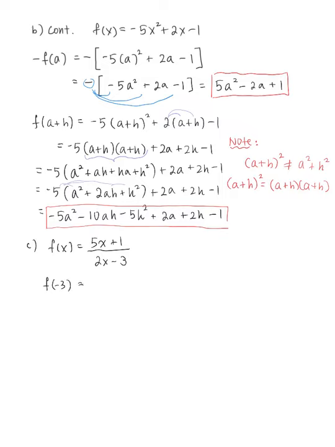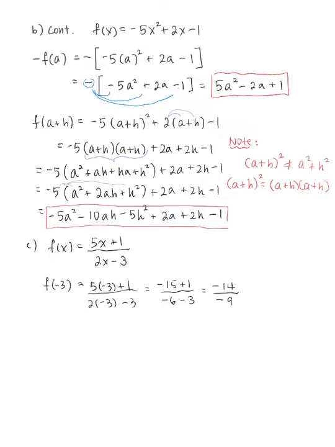Do not panic just because you see a fraction here. It's called a rational expression, by the way. You're going to have 5 times negative 3 plus 1 over 2 times negative 3 minus 3. So you're going to have negative 15 plus 1 over negative 6 minus 3. Then here you're going to have negative 14 all over negative 9.